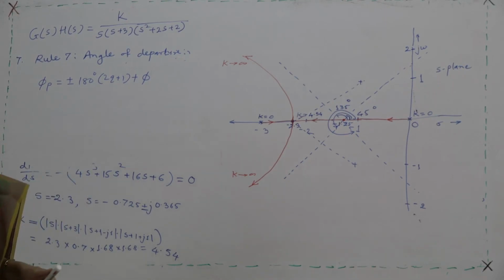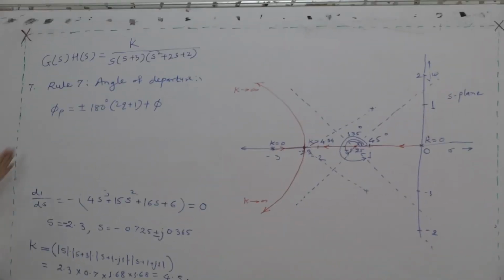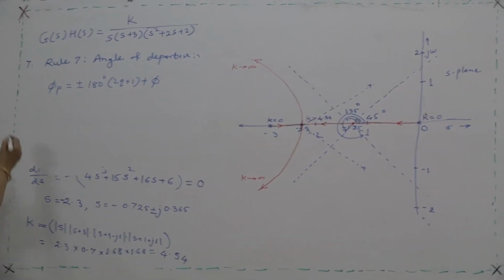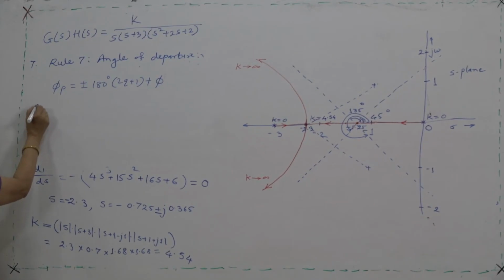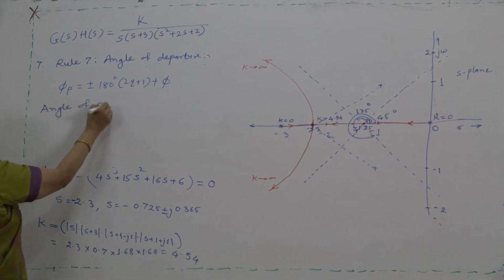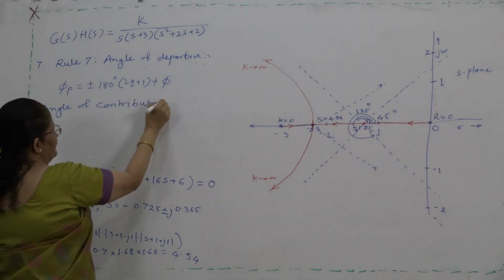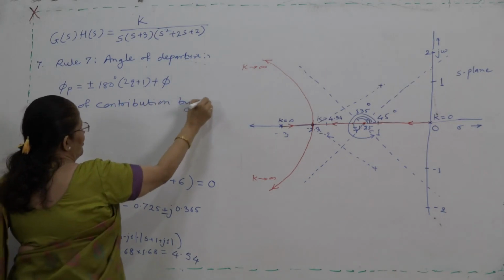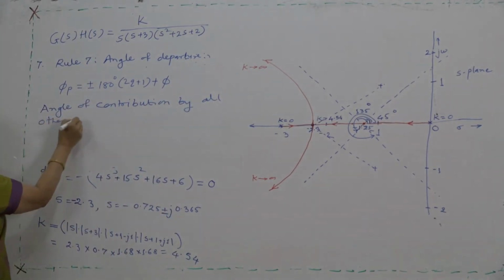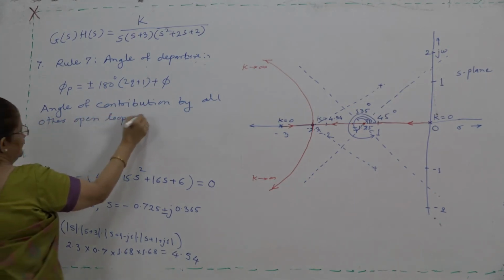It is written plus minus, because if I am considering a point here, this gives me plus 180 degrees, and the same point I will get at minus 180 degrees, so it is written plus minus 180 degrees. And I want an integer multiple of 180 degrees, that is why it is written 2q plus 1, that is, multiplied by an odd number, so that it will always be an integer multiple of 180 degrees.